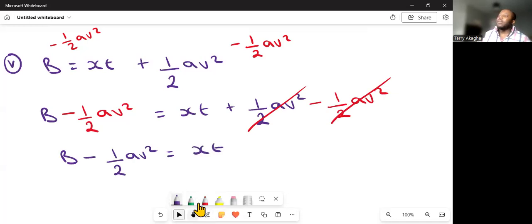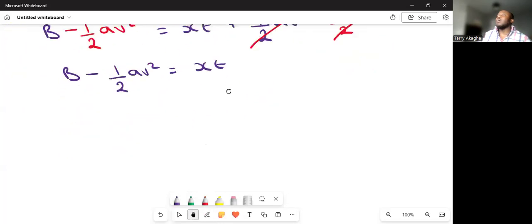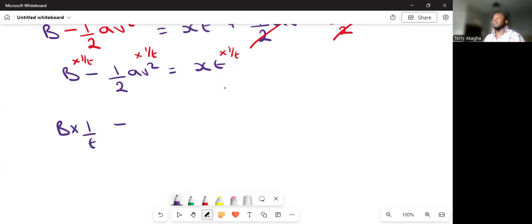All right. Now, to get rid of the t, I have to multiply through by 1/t. So I'm going to multiply this by 1/t, I'll multiply this as well by 1/t, and also multiply this by 1/t. Are you seeing it? So it's going to give me b multiplied by 1/t, minus 1/2 av squared multiplied by 1/t.